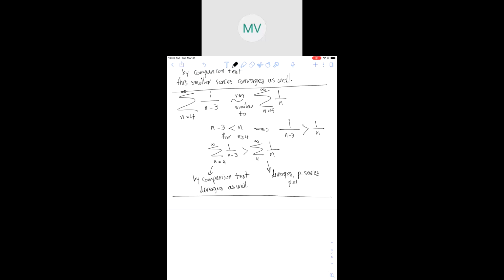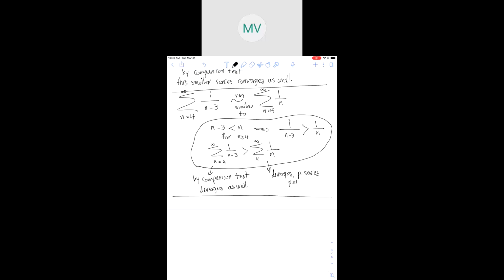Let me state the other theorem. This one is called limit comparison. I think it's easier to use. At least you don't have to justify the inequality by writing down the sequence of algebra.